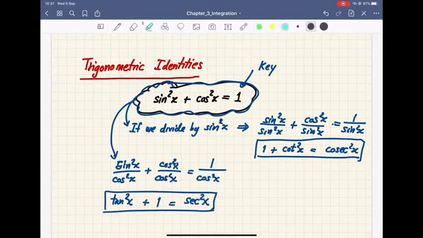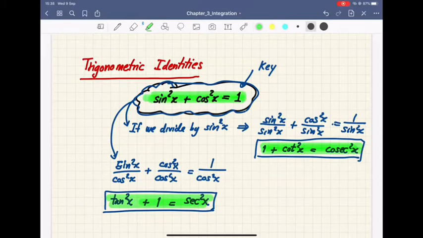This is the formula that you get for free. I don't know how you did trigonometry in high school, but if I have to teach you trigonometry, I'm not going to tell you to memorize every formula. You only memorize the important formula, like sine square plus cosine square equal to 1, and then you're going to get two formulas for free.